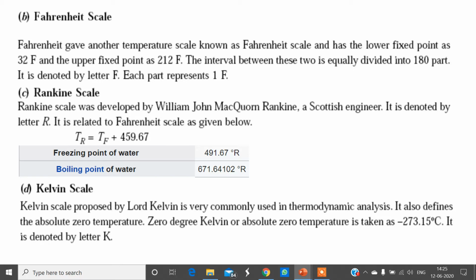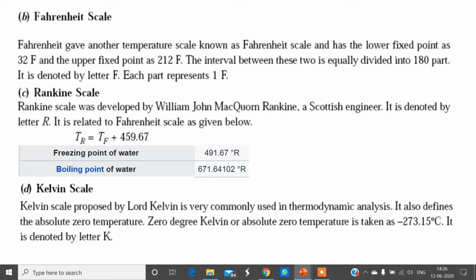Why is it? Actually, freezing point of water, that is ice point, is taken as 273 Kelvin in Kelvin scale and 0 degrees Celsius in Celsius scale. It means 0 degrees Celsius is equal to 273 Kelvin. Now, if we talk about the absolute zero, it is 0 Kelvin.